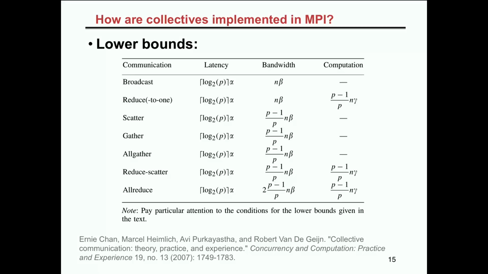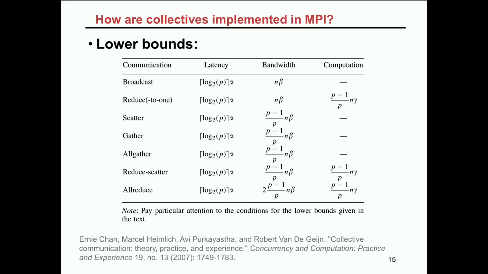In broadcast, P-1 processes don't have any data, so there's just a little more data exchange that needs to happen in the best case. And the computation only makes sense for the cases when there is a function, like a reduction function. Because if there's no function, then there's no local computation that needs to happen. And for the node, you can read the text. So I put the reference.